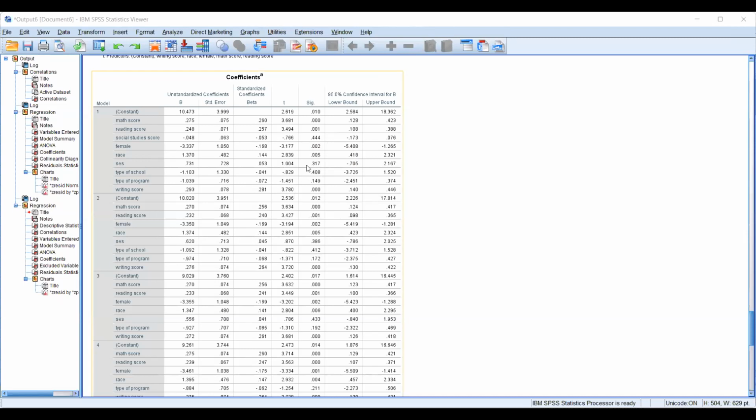We apply the enter method. Now, the first model is the enter method, and the rest is backward, where it is removing variables. From the second one, social studies has gone, and then you can see the socioeconomic status and type of school are also not coming significant. Then it will remove them one by one, and you can remove both.